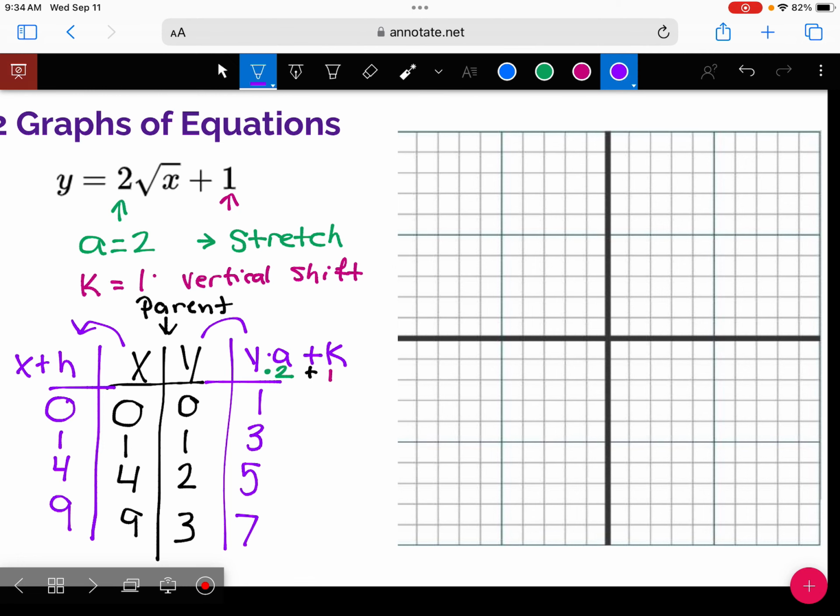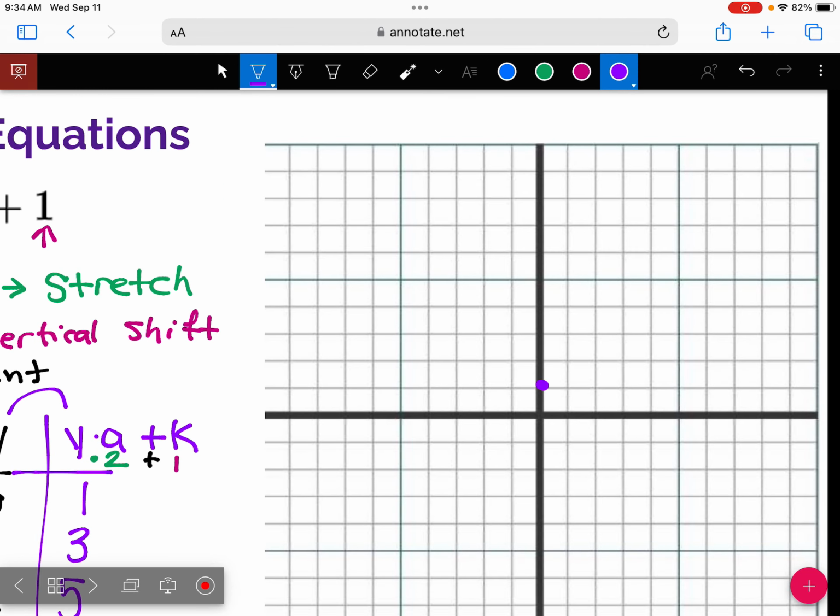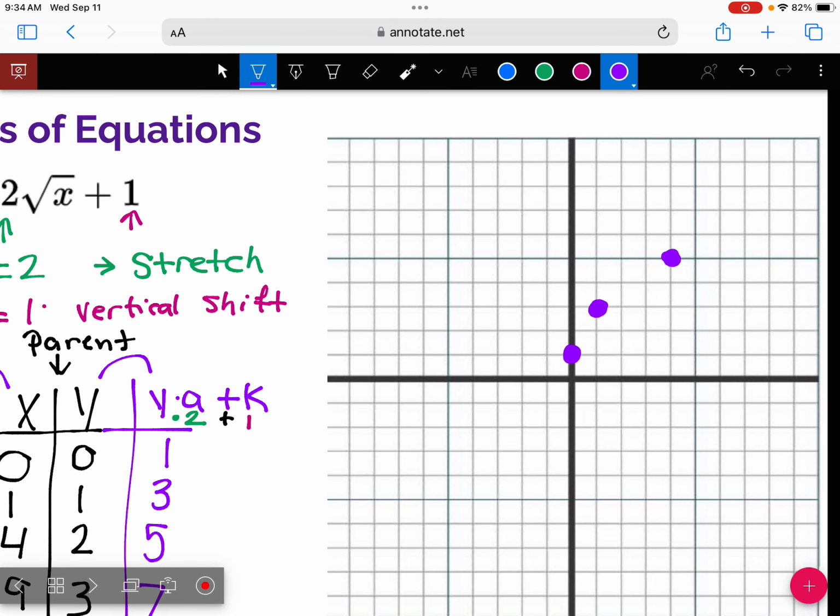So plot them up. So we have our 0, 1, 1, 3, 4, 5, and I know it's off the edge of yours, but it's on mine. 9, 7. I could keep going this way, so we have an arrow on that end. If I go any further left, we're going to wind up in the imaginary numbers.